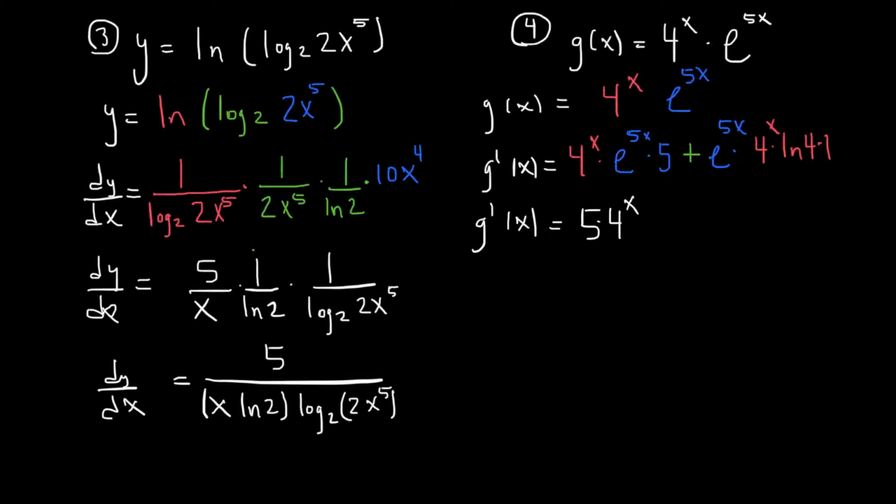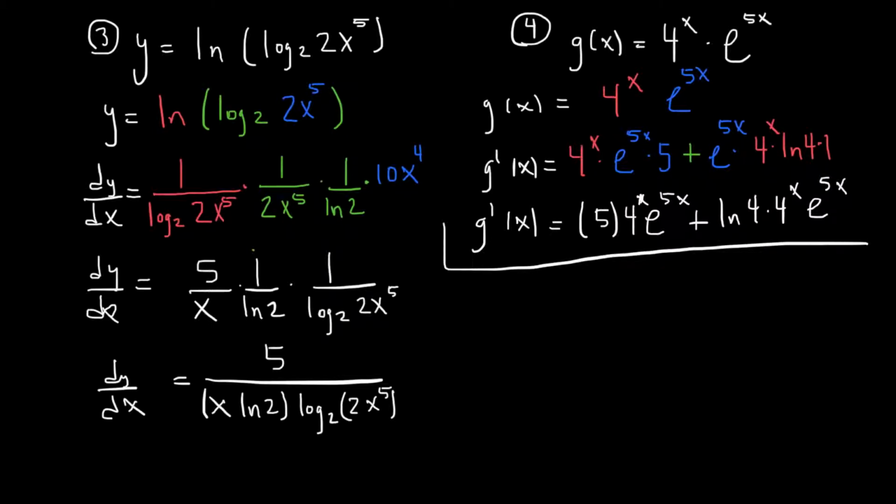So let's make sure that we don't say 54. e to the 5x plus ln 4 times 4 to the x times e to the 5x. That works. Again, if you just want to write the expression and not simplify it, I guess it's okay for now.